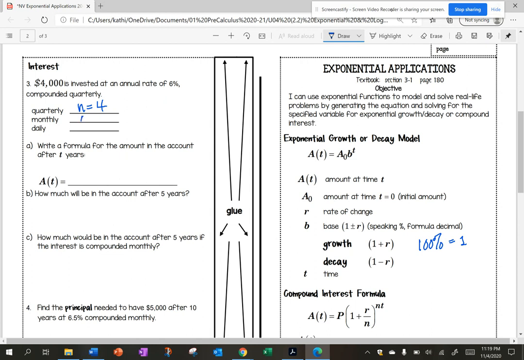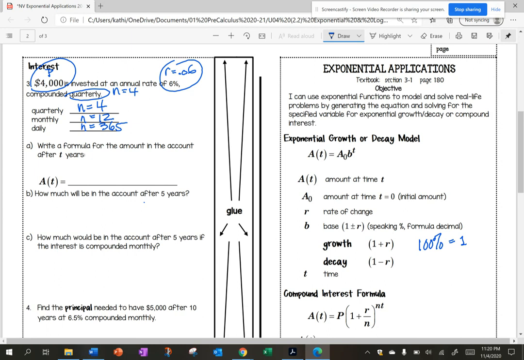Monthly means n equals 12, so I'm compounding once a month. Or daily, n is 365. So in this example, I'm compounding quarterly, so n equals 4. My rate is 0.06 as a decimal. And my principal, P, is $4,000.